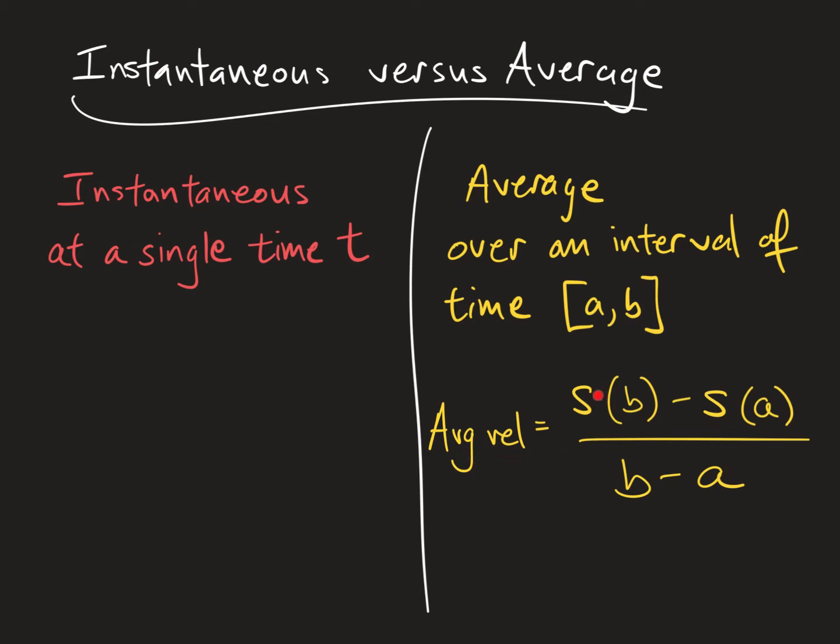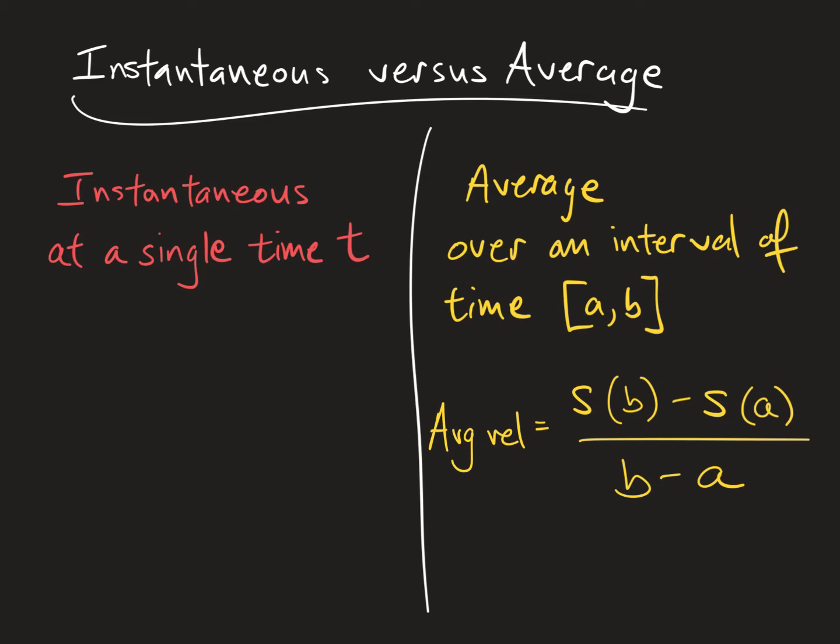In this case, we still use the position function to figure out the velocity, just like we did over here. It just looks a little bit different. We have the position at time B, which is the later time, minus the position at time A, which is the earlier time, all over how long the time interval was, B minus A.